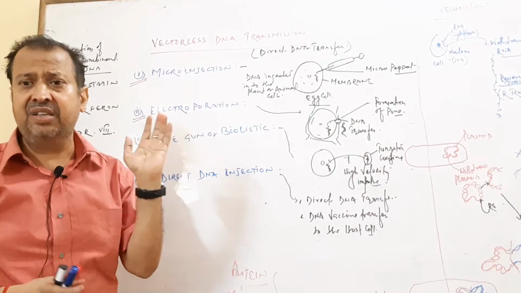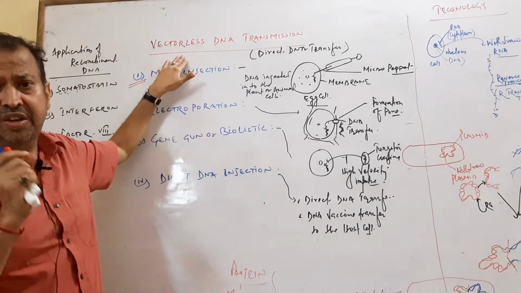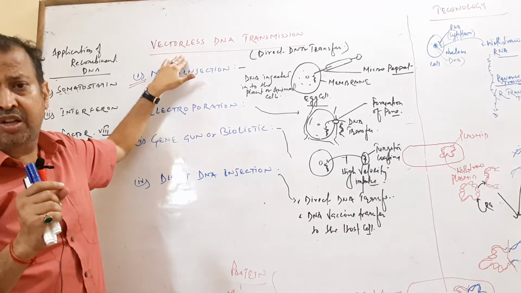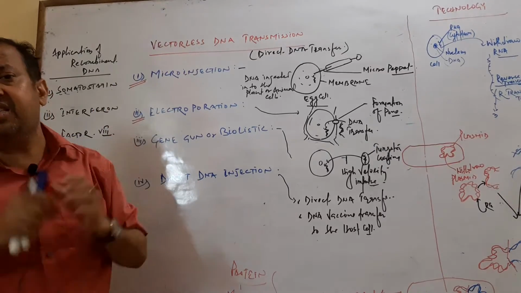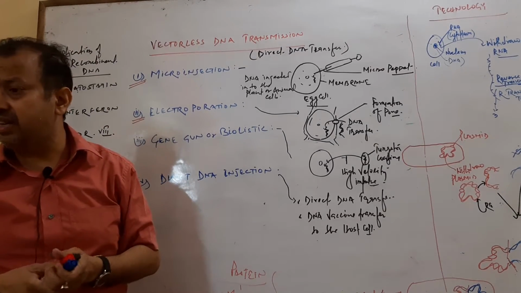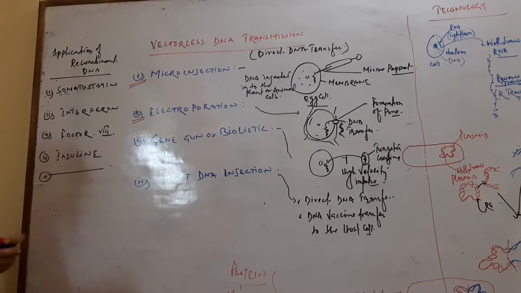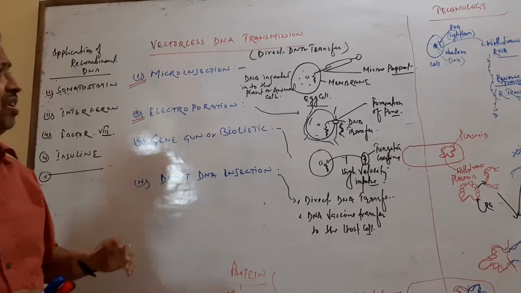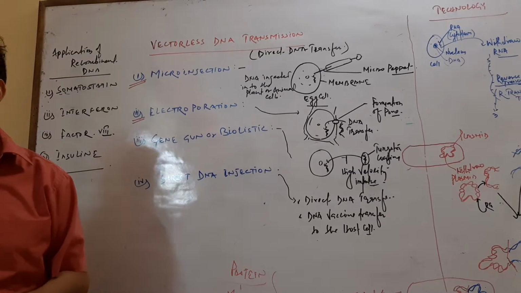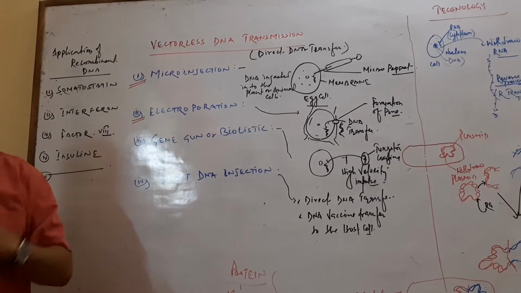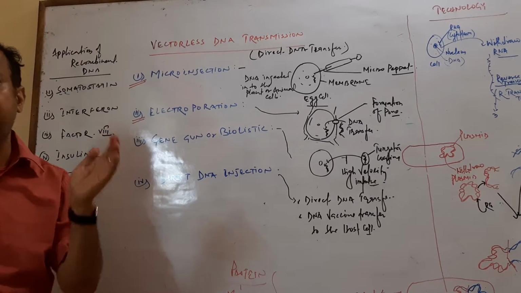In the previous class we used vectors like plasmid, cosmid, BAC, YAC, phasmid, bacteriophage, etc., which carry small as well as large segments of DNA. Vectors carry the DNA from one organism to another organism, and before the vectors, various types of enzymes are used to withdraw the DNA, gene, or chromosome.